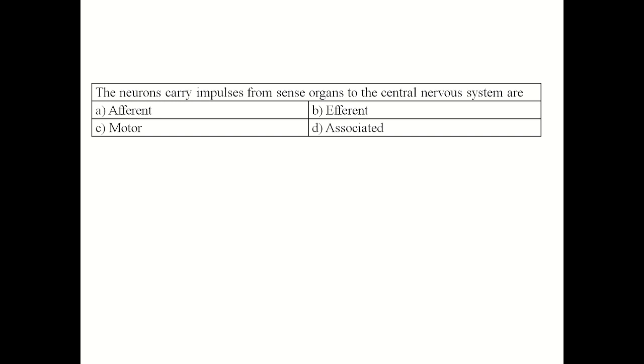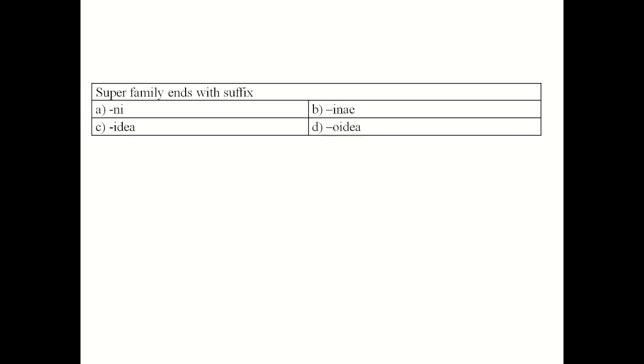The neuron that carries impulses from sense organs to the central nervous system is known as afferent neuron or sensory neuron. Insect blood lacks vitamin K. Superfamily ends with the suffix oidea. The juvenile hormone is secreted by corpora allata.